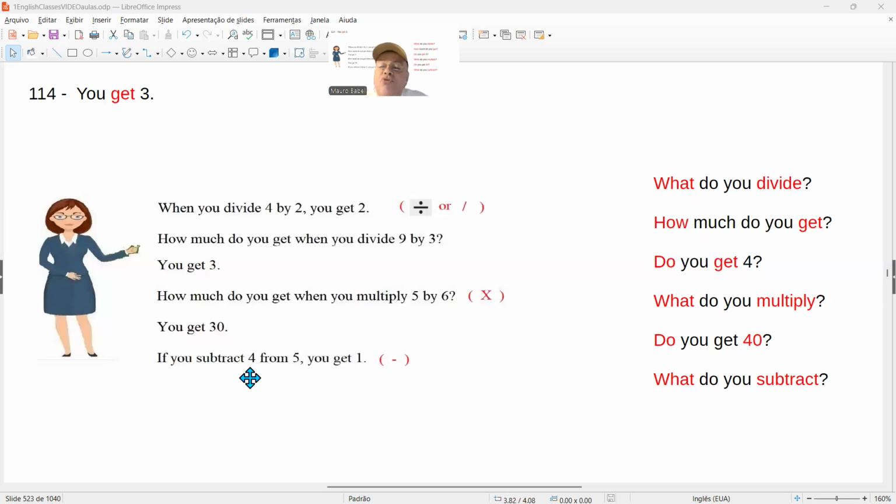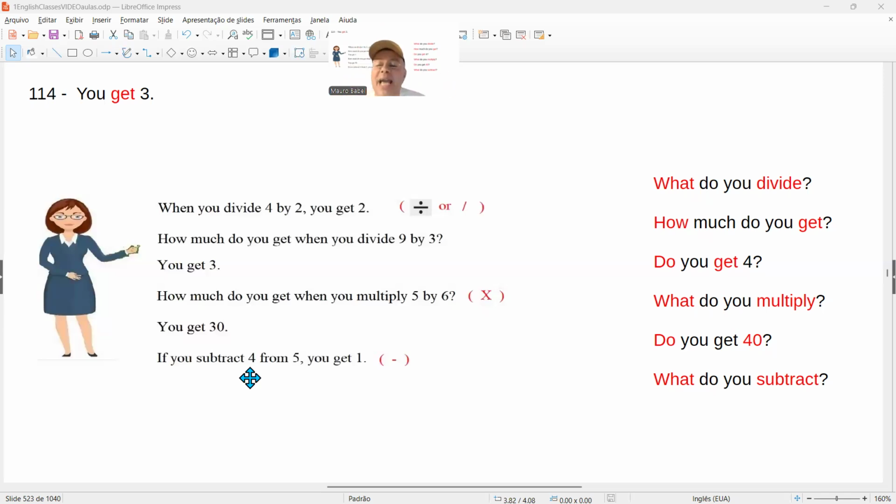If I subtract 5 from 10, how much do I get? I get 5. If I subtract 10 from 20, how much do I get? I get 10. That's it. 20 minus 10 is 10.